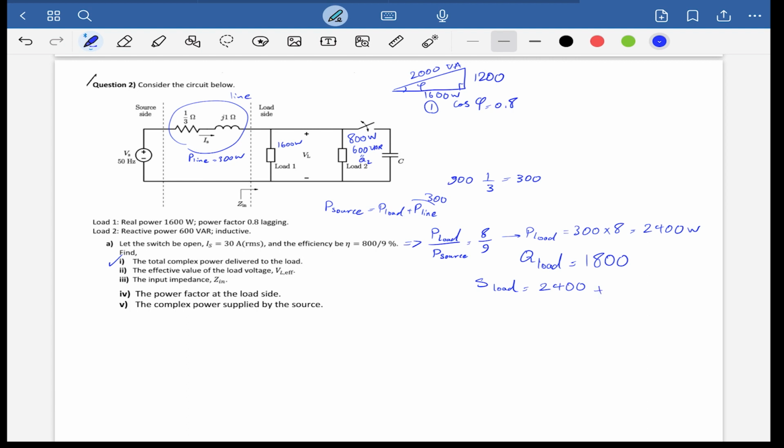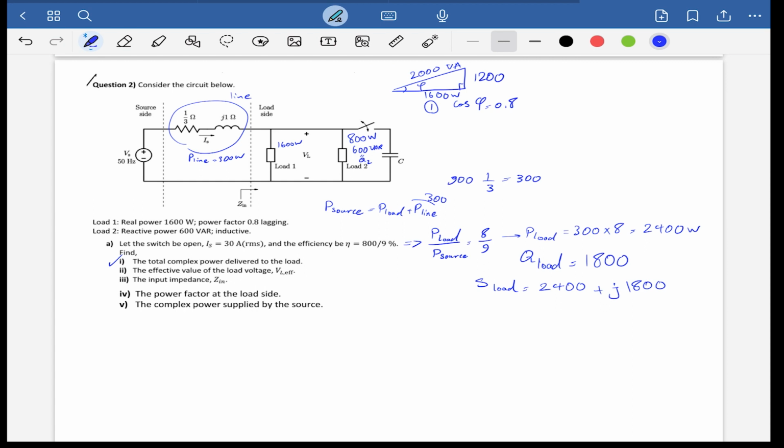plus J1800. The effective value of the load voltage, what is it? How can we find the load part?